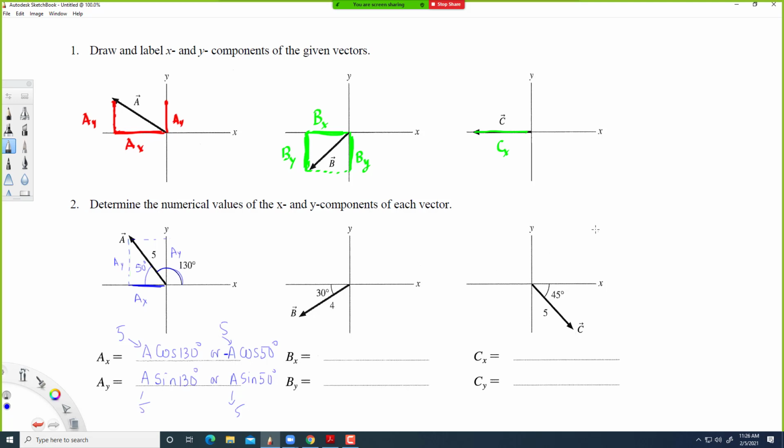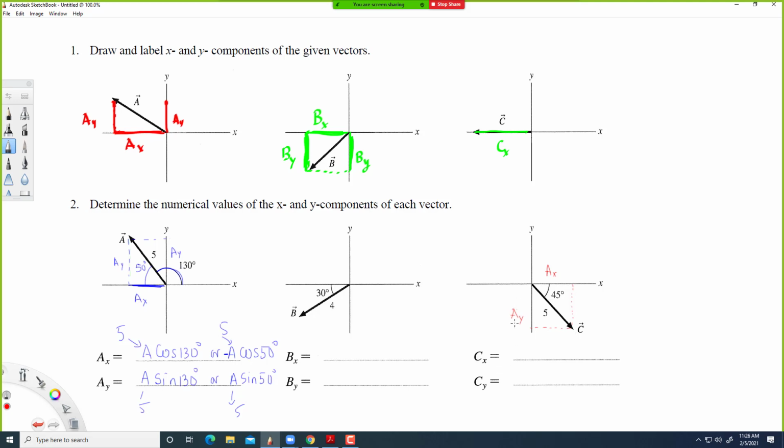Let me show you this one with the answer, and then I think you can do the other ones. So let's look at x component. Project this on x-axis. That's our x component, and project this on y axis. That's our y component.